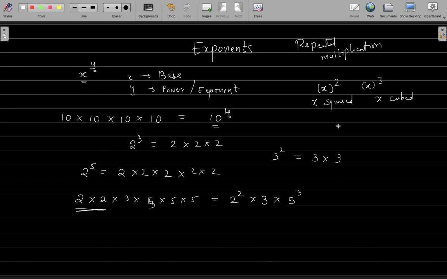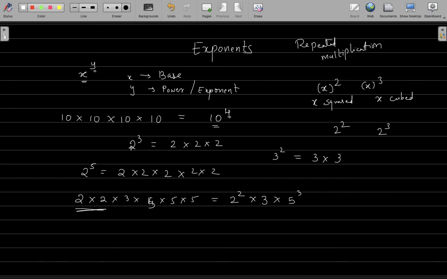You understand? Suppose I have 2 power 2, I don't read it as 2 power 2, instead I read it as 2 squared. If I have 2 power 3, I say it is 2 cubed. Or 3 power 2 is 3 squared, or 2 power 3 is 2 cubed. You understand?